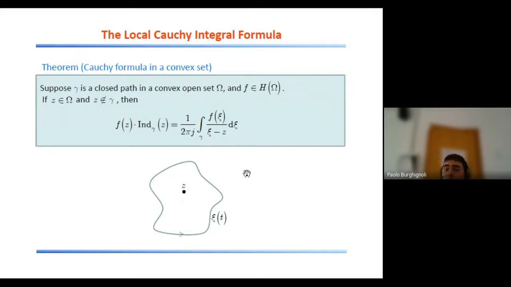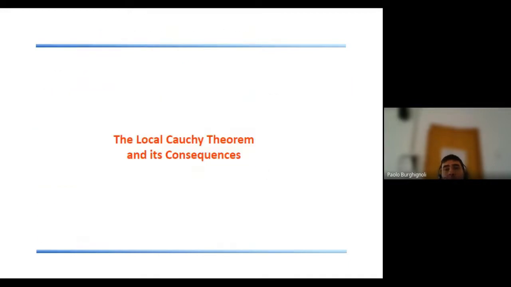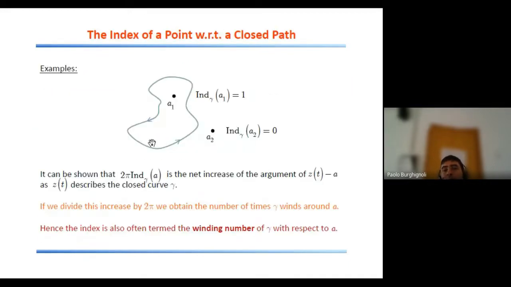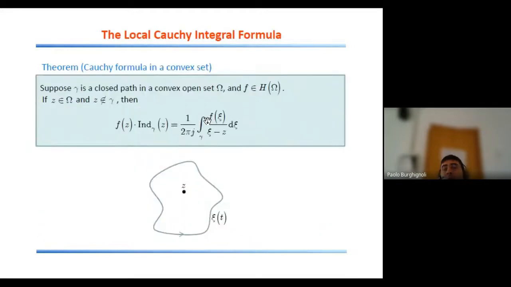Now let us stop for a moment to look at this formula to really try to understand it. First of all, the left-hand side. In the left-hand side, you see there is the function f evaluated at the point z times the index. What we saw about the index is that if the point z is outside of gamma, like this point A2 with respect to gamma, so it is located in the unbounded component of the complement of gamma, then the index is equal to 0.